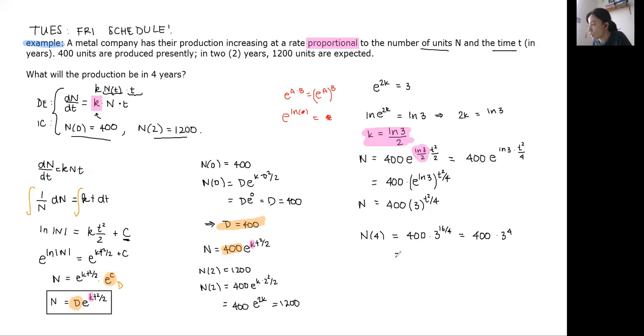This is 400 times 81, which is equal to 32,400. And that means that after 4 years, the production will be 32,400 units.